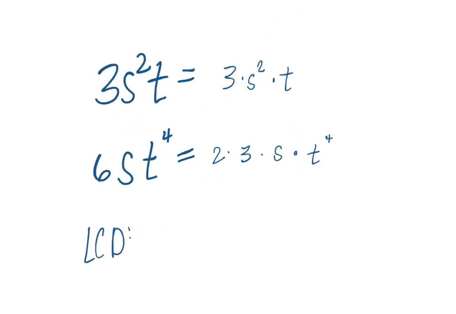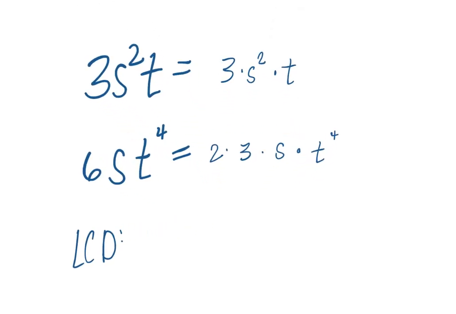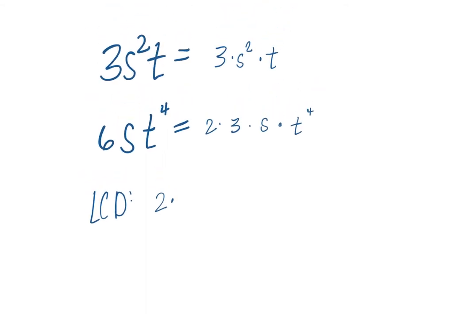So the unique factors: we see a 2, and there's a 3 right here, and an s, and a t. And that covers all of the different numbers and variables.